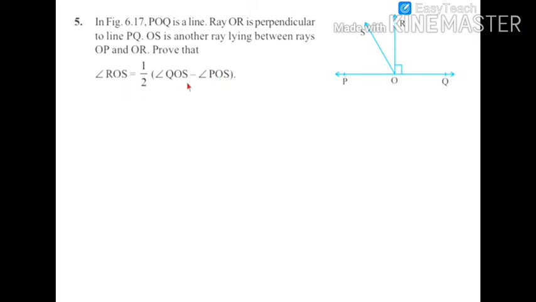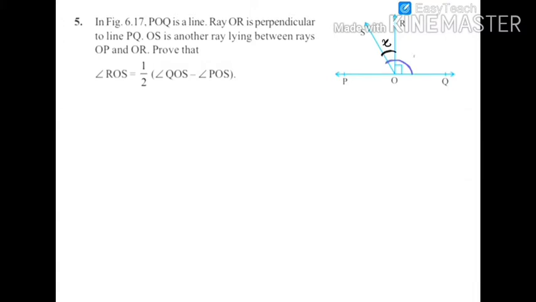Let us mark these angles in the figure. Angle ROS is this angle. Let's mark this as X. Angle QOS is this angle.